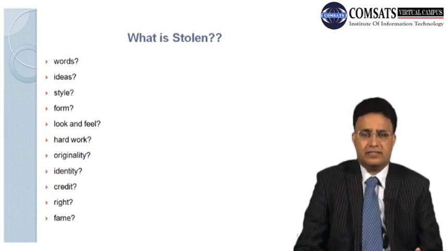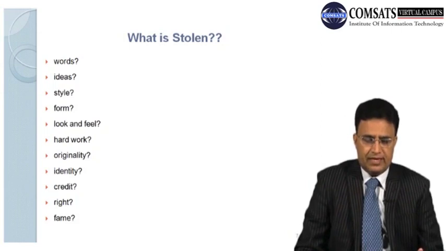And there are certain cases in which people have published other people's work with their own name. Everything was written by someone else, and they just took the name away and published with their name. So that is basically stealing the identity of the other researchers.